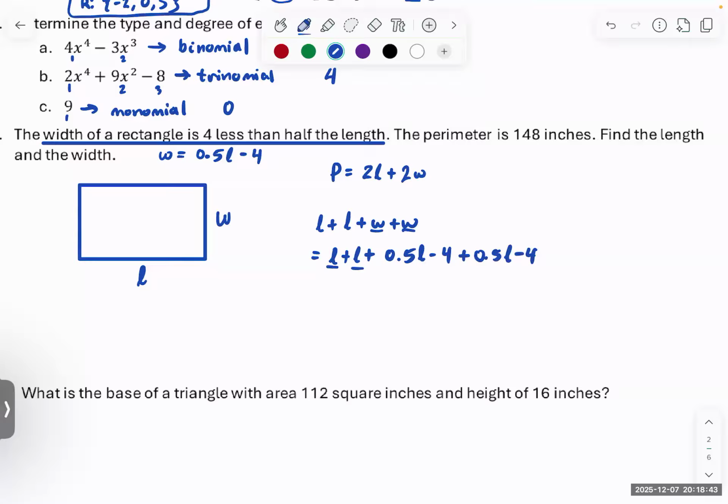Combine like terms, so these are like terms, and that equals 3L minus 8. And remember, this equals 148.